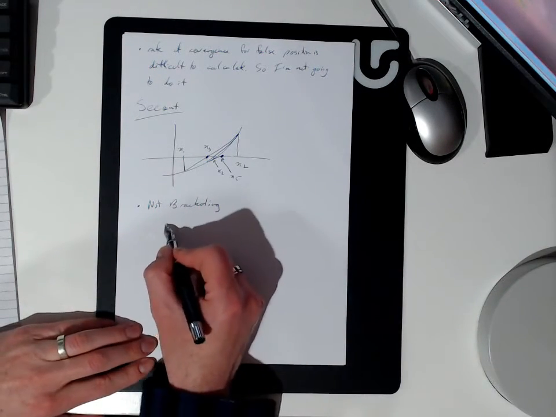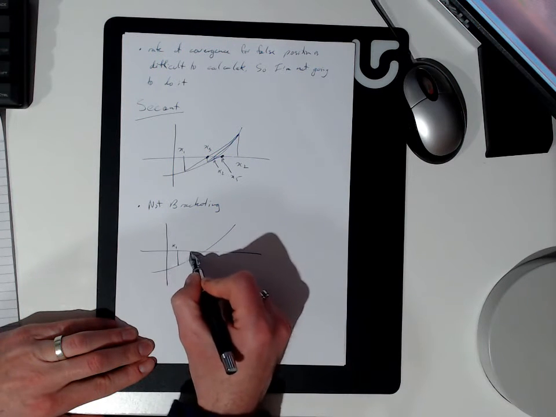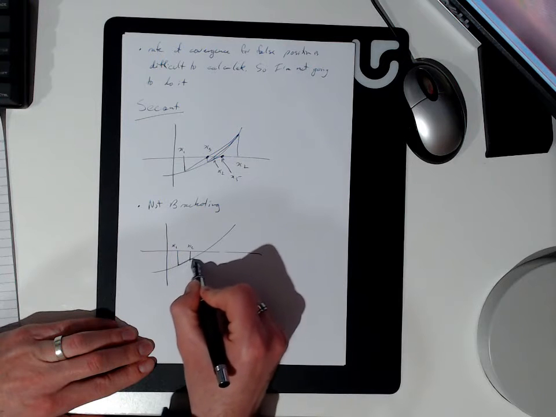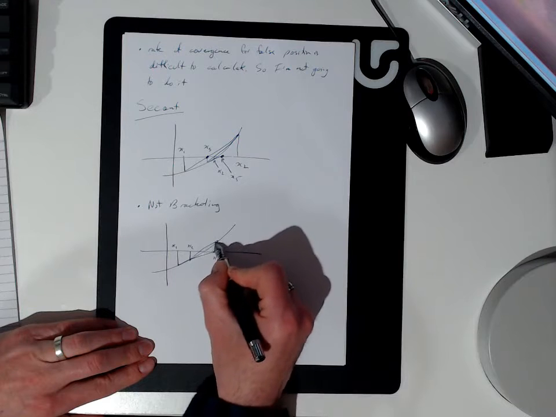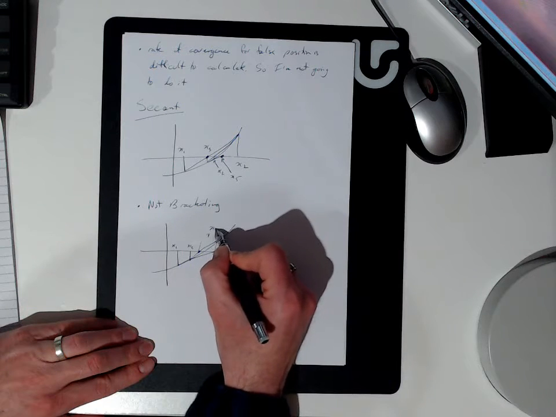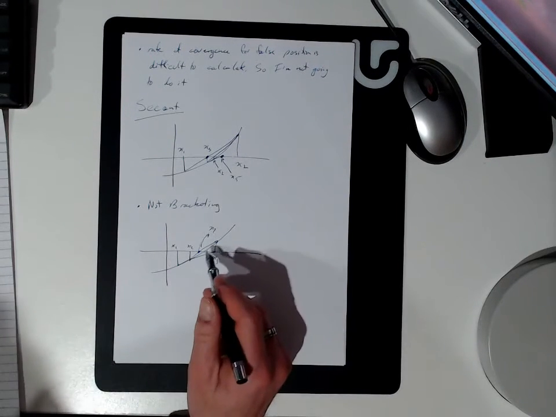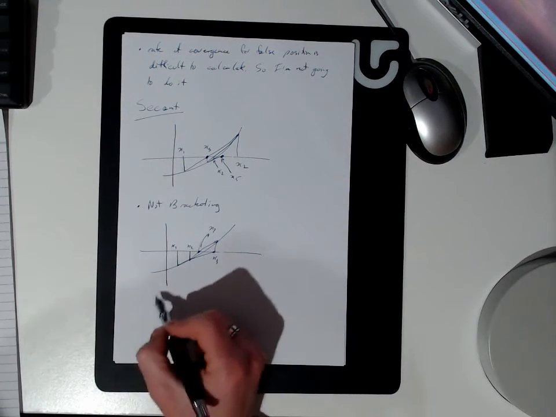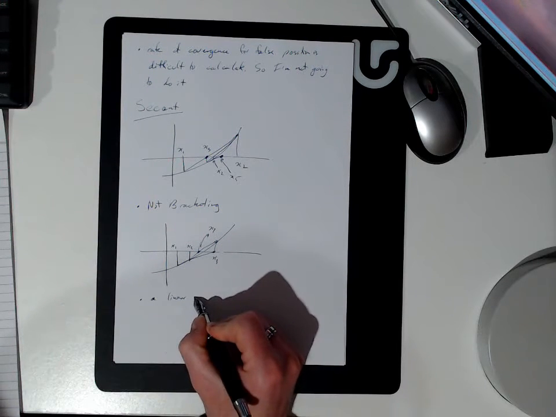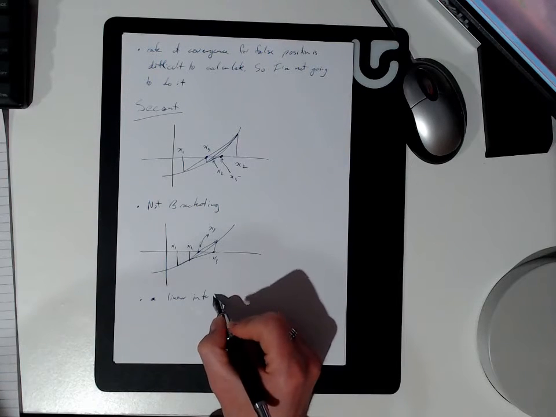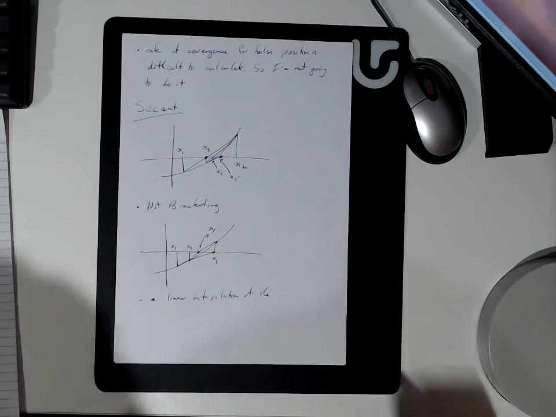You could also start without a bracketed root. There's x1, there's x2, draw a line between them, there's my x3, there's my x4, so on and so forth. Because we're using the line to estimate where the next position of the root is, we get linear interpolation of the function.